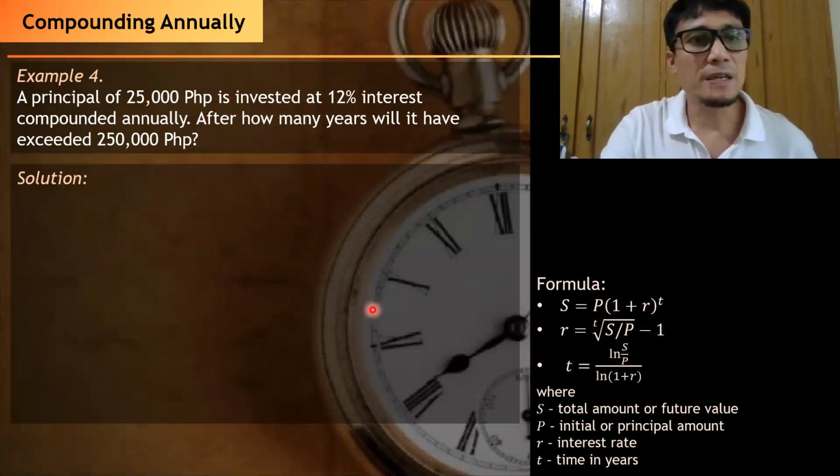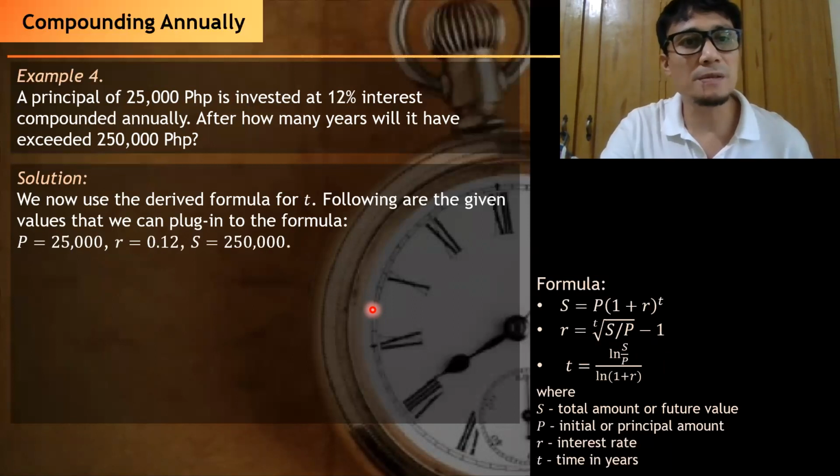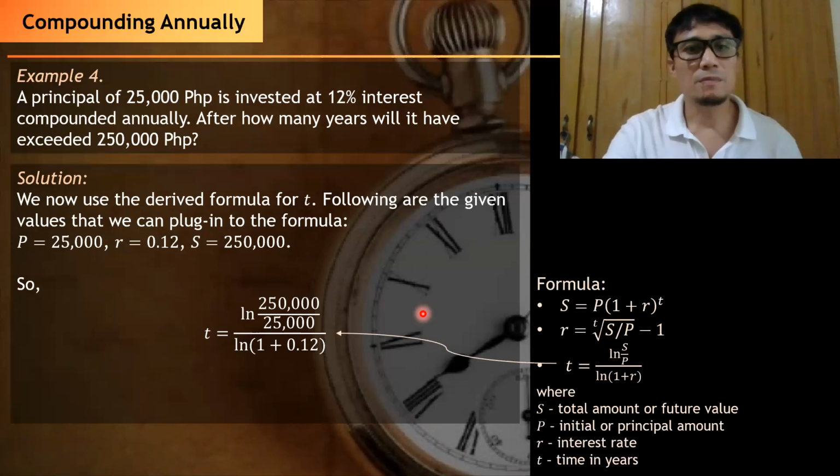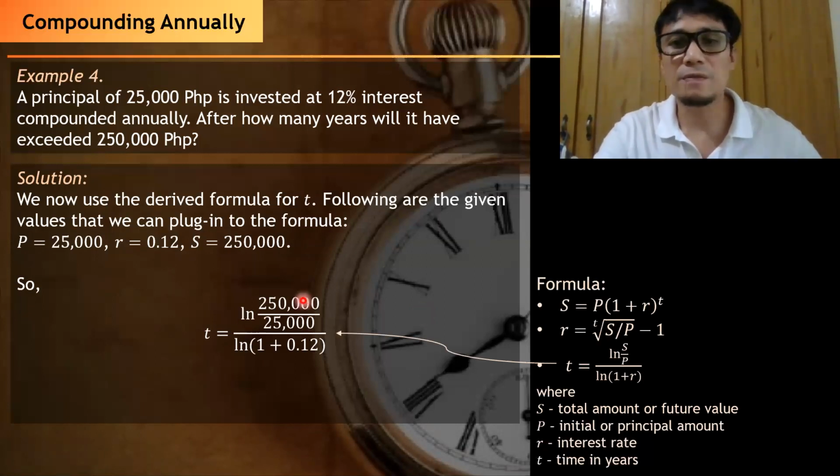We first identify the given. What are the given values? We have P to be 25,000. Rate of interest is 12%. And the amount, the future value, is 250,000. Let's plug that into this formula. This will become T equals ln of S, which is 250,000, over P, which is 25,000, over ln of 1 plus R, which is 0.12.